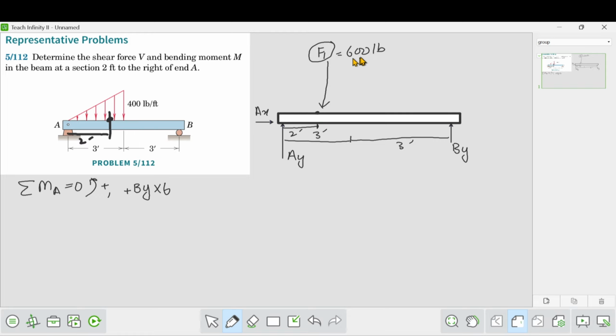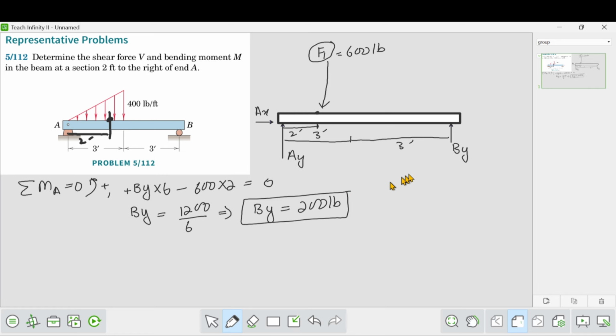And there is another load, the point load, 600 pounds. It is clockwise, that's why it will be negative. So 600 multiplied by its lever arm of 2 feet equals 0. So BY will equal 1200 divided by 6, so BY will become equal to 200 pounds. So the value of BY is 200 pounds.